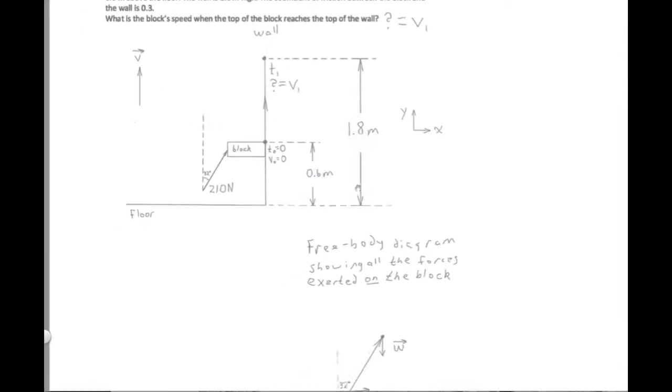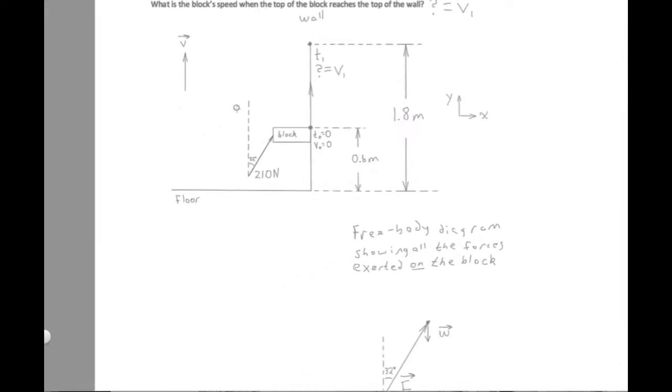There's a simple rule. What's the simple rule for figuring out the direction of the normal force? The direction of the normal force is perpendicular to and away from the surface that is touching the object. Well, perpendicular to the wall and away from the surface of the wall that's touching the object would be to the left.